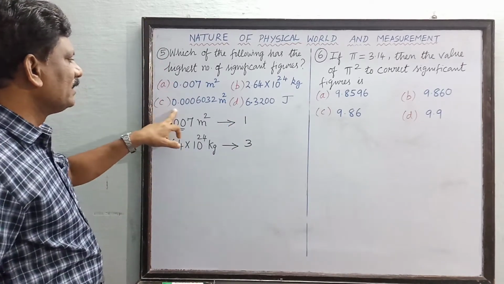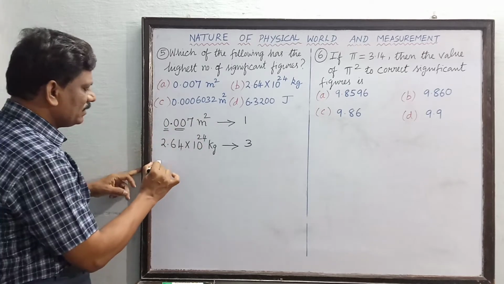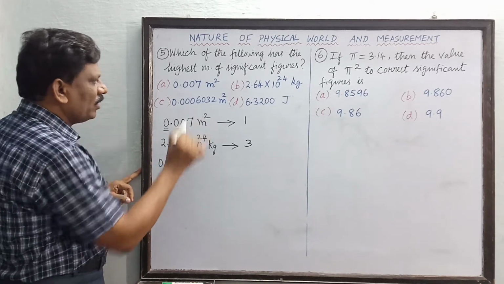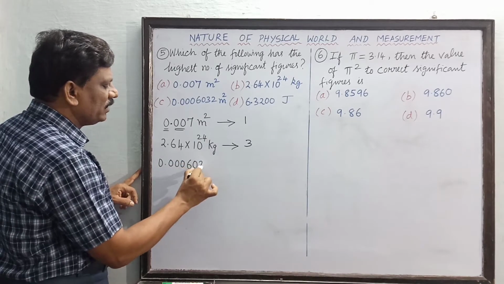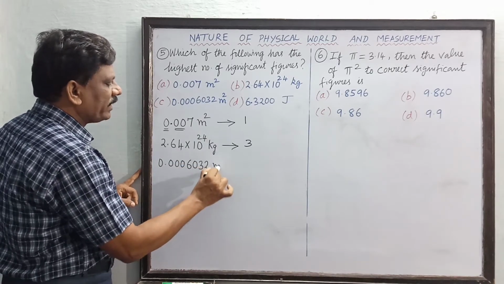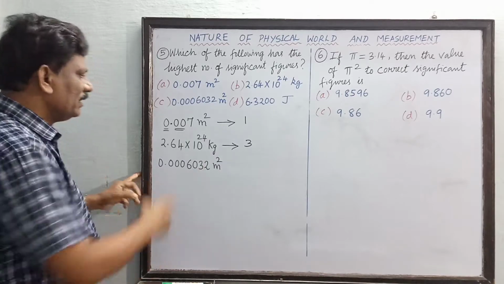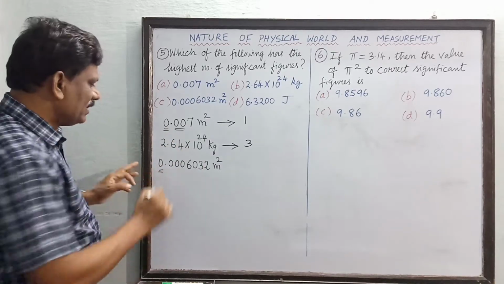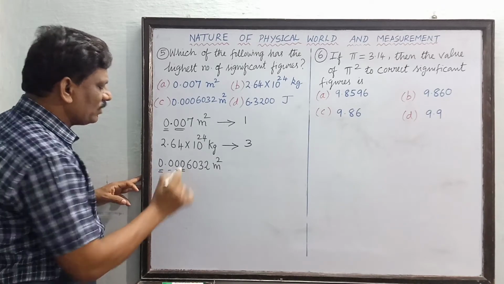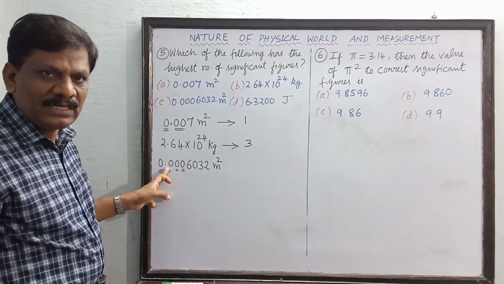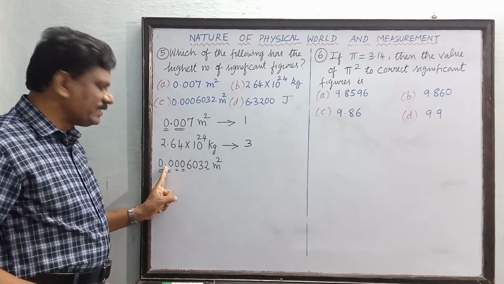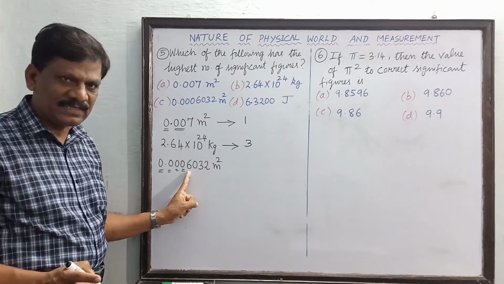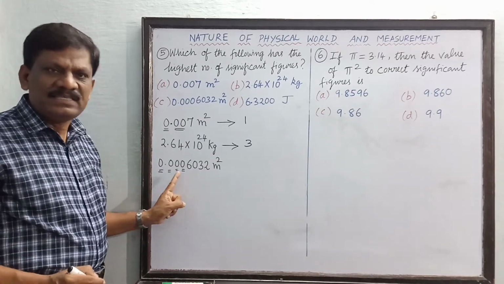Then you take this third number, that is 0.0006032 meter square. Now in this number, the 0 on the left side of the decimal has no significance, and the 3 zeros on the right side of the decimal point and to the left side of the first non-zero digit, namely 6, also do not have any significance.